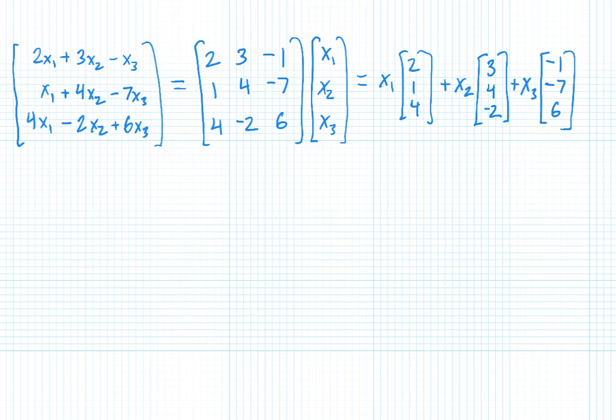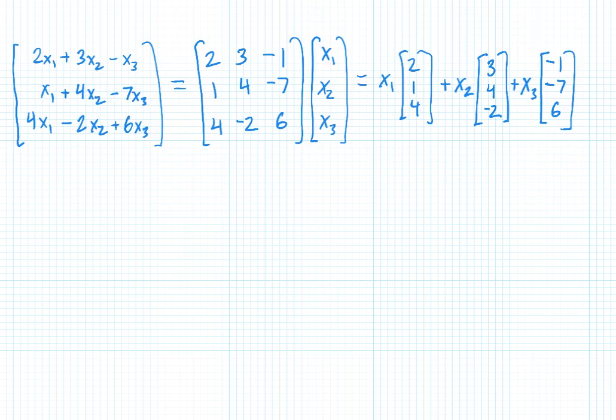You can multiply the matrix times the vector in the middle, and you can do the vector addition and scalar multiplication on the right, and see that you actually do get, in both cases, the same thing that's on the left.